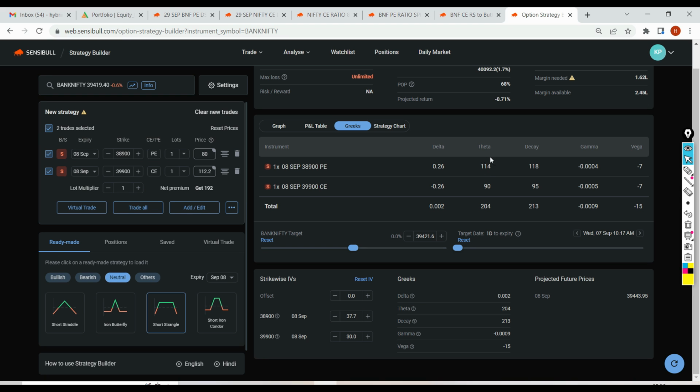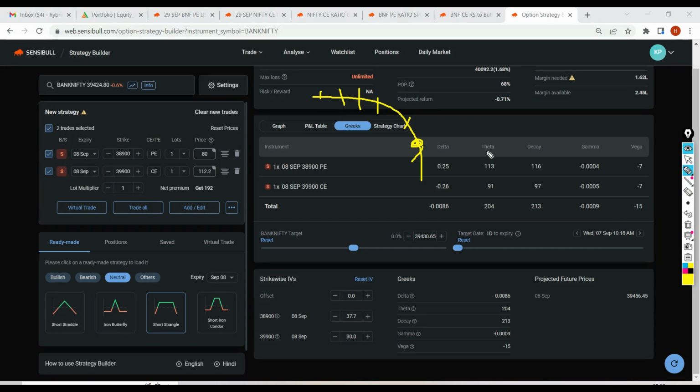Just pause the video and give it a thought, because tomorrow is the expiry day. Obviously this will give you more decay, because this has high theta and this has low theta. We have seen the theta time graph, which will be something like this: Wednesday, Thursday, Friday, Monday, Tuesday, Wednesday and Thursday. We are at the Wednesday end of the day here.